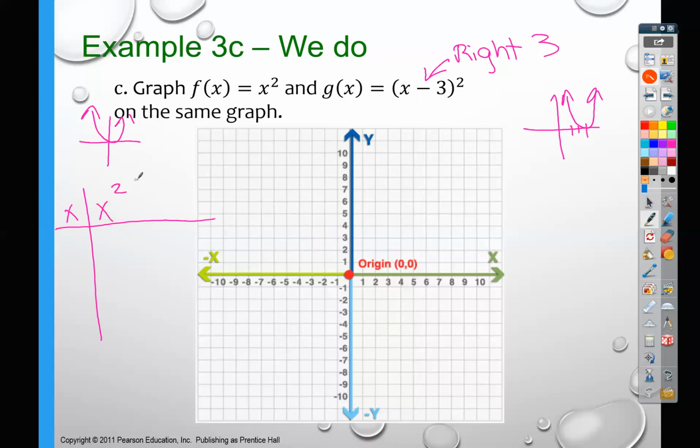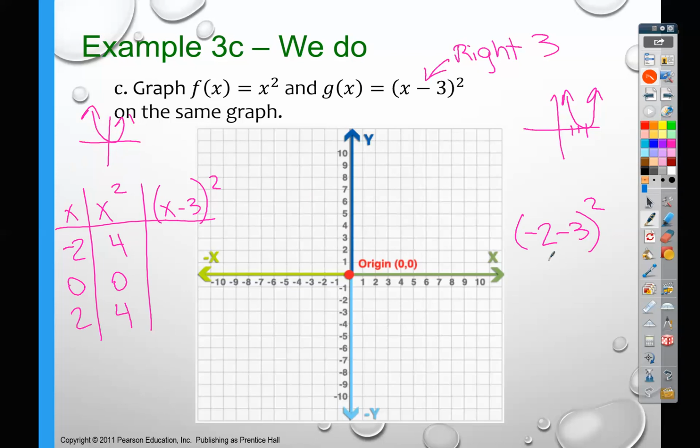All right, so we have x squared and then we have x minus 3 squared. Okay, so let's just use the 2's again. So -2, 0, and 2. So if I squared that again, that would be like this. Now, if I did the inside parentheses, so that you've got -2 minus 3 squared, what would that be?